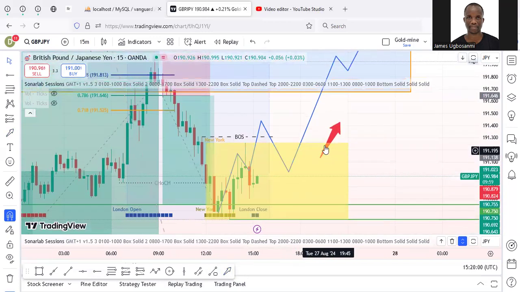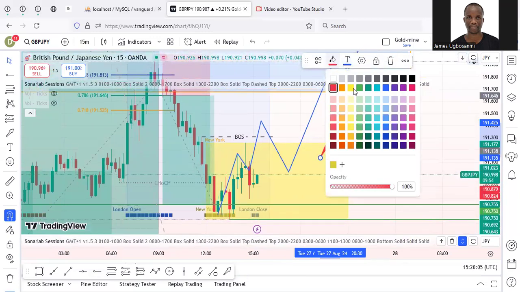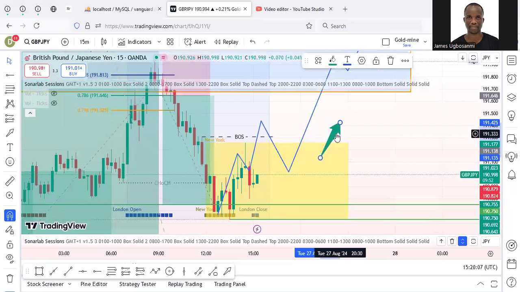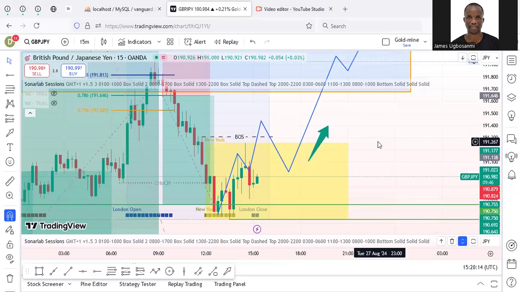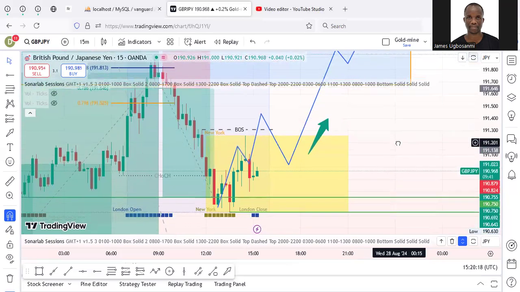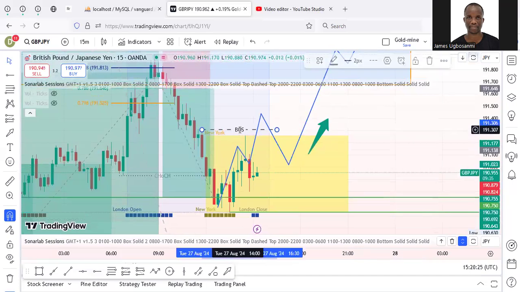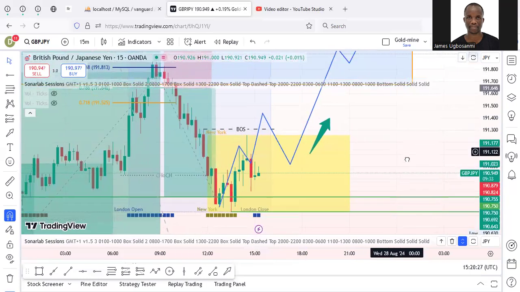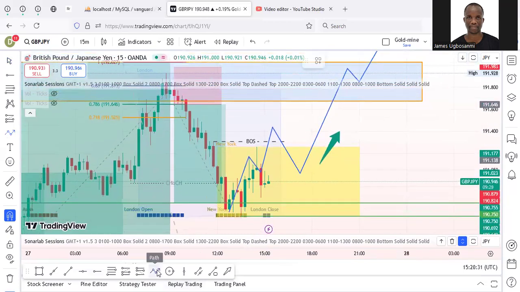This is my direction. I'm looking for a movement like this, right? Yeah. And before this movement up will happen, I expect the price to break above this high, this higher low.